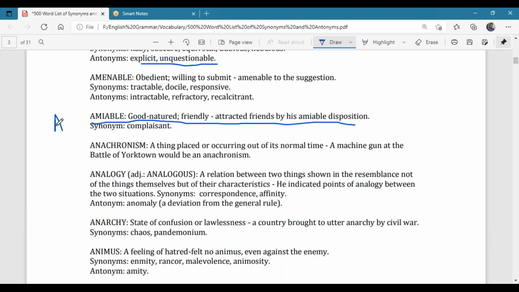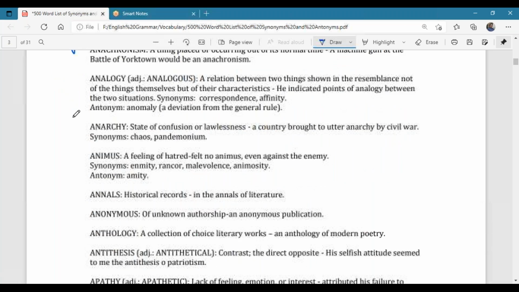It is spelled A, M, I, A, B, L, E. He seemed an amiable young man. You should have an amiable approach towards these people. That means a good natured, friendly approach. He attracted friends by his amiable disposition. And obviously, the opposite you can find: unfriendly, disagreeable. You can consider these as antonyms for this.